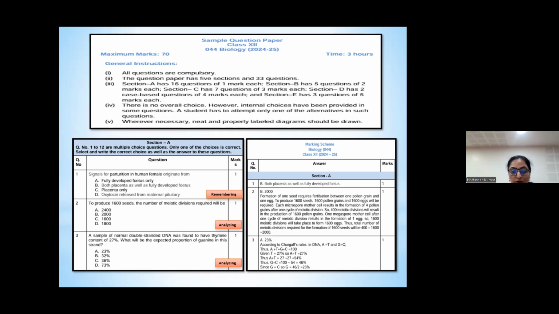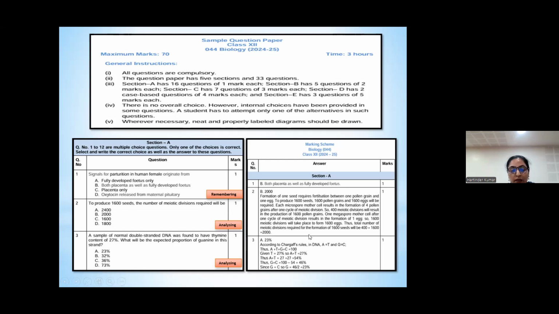So 4 into 400, that is 400 meiotic divisions will result in the production of 1600 pollen grains. So we can say the formation will be 1600 plus 400, that is 2000 in number.